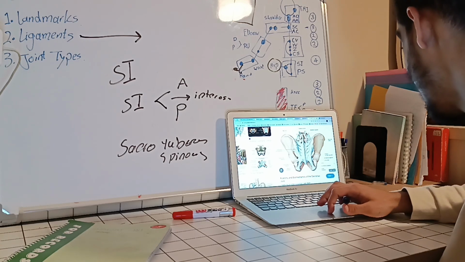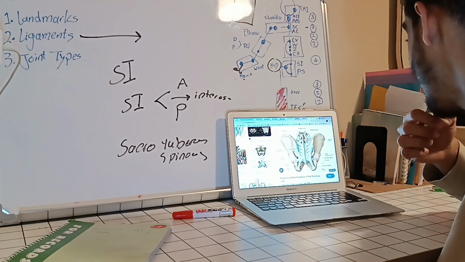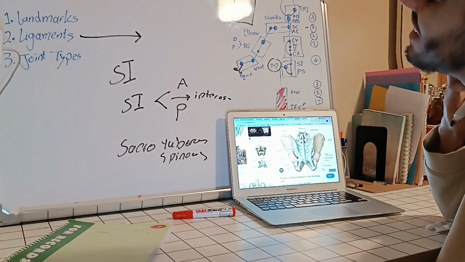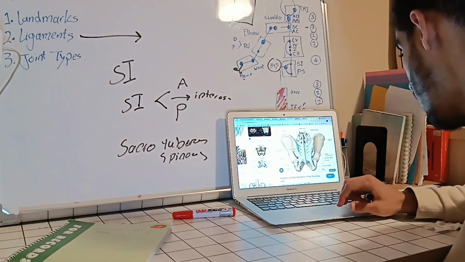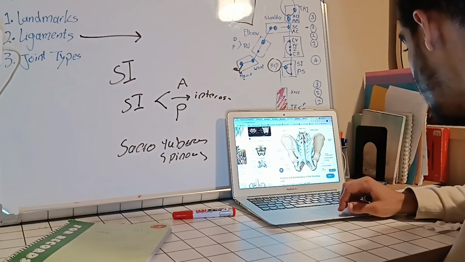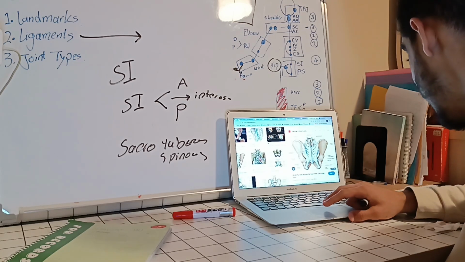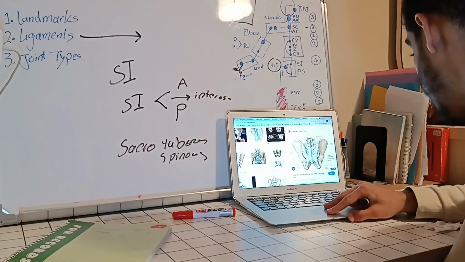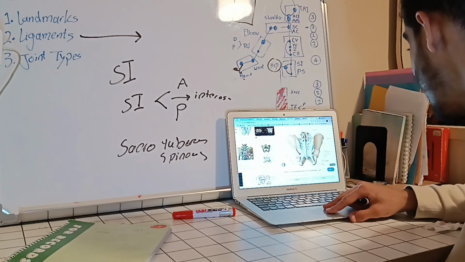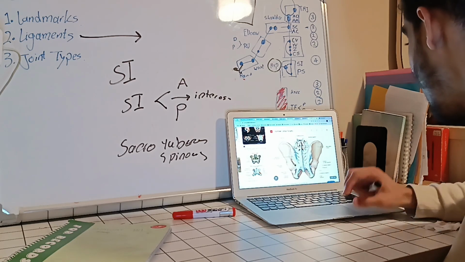So we have the posterior, anterior, and interosseous, sacrospinous, sacrotuberous. Okay.